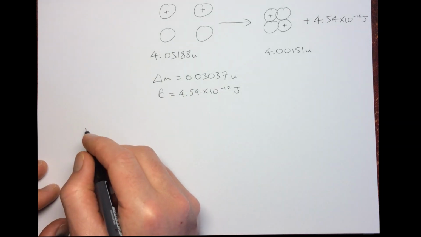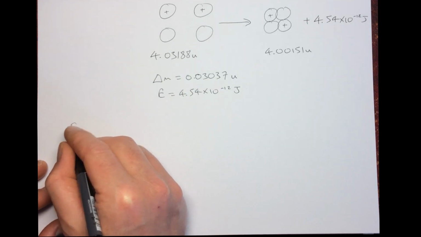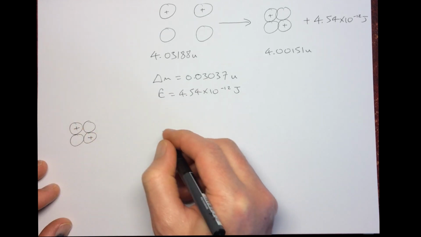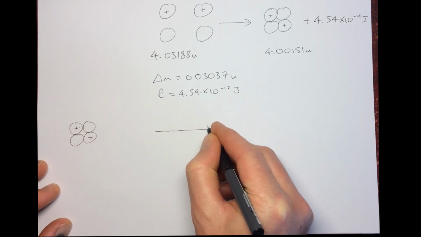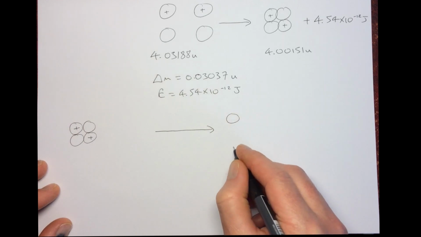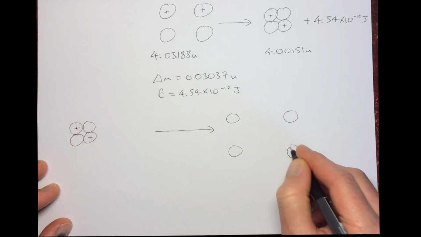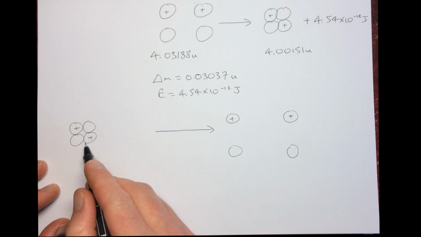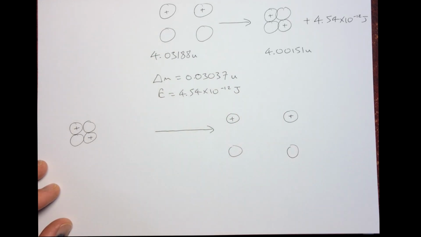Now if you look at this from the other side, so to speak, here's your helium nucleus, okay? And if you want to tear this nucleus apart, break it apart, so that then we have the individual nucleons over here, okay? So this is your helium nucleus, and these are the 4 individual nucleons when you've torn it apart, okay?